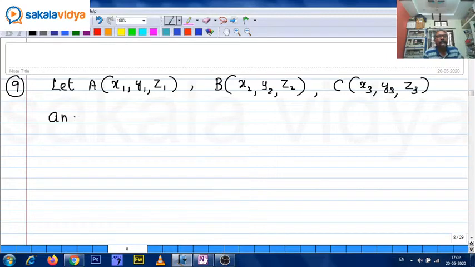and D, wait, be the vertices of a parallelogram.